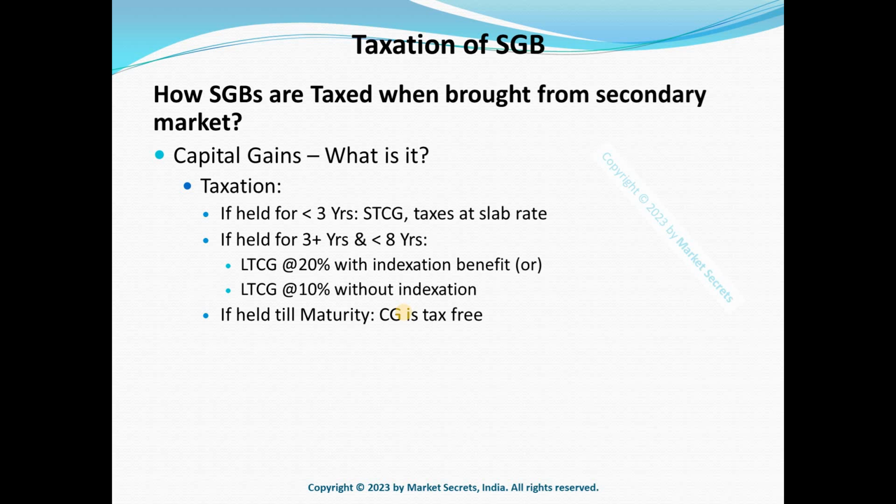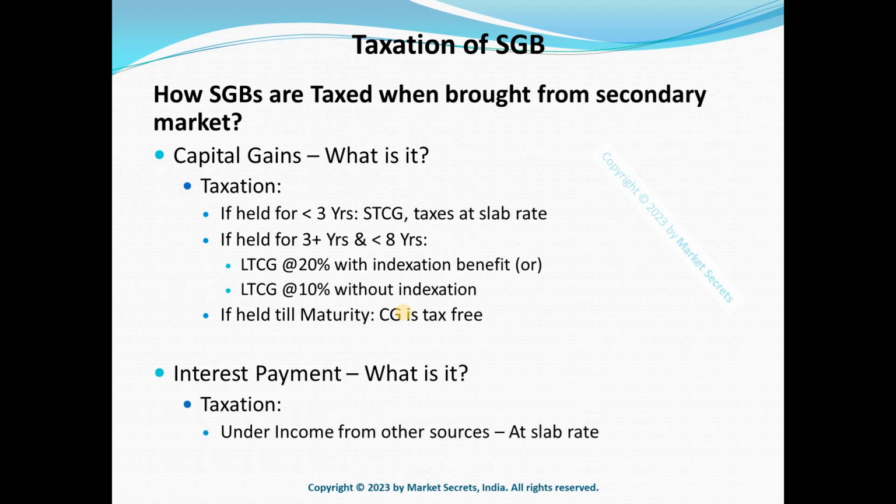There is no difference here. If you hold it till maturity, your capital gains will still continue to be tax free. And the same for the interest payment. If you are buying from the secondary market as well, you'll have to pay tax at a slab rate for the interest payment part of SGB. So that is straightforward.